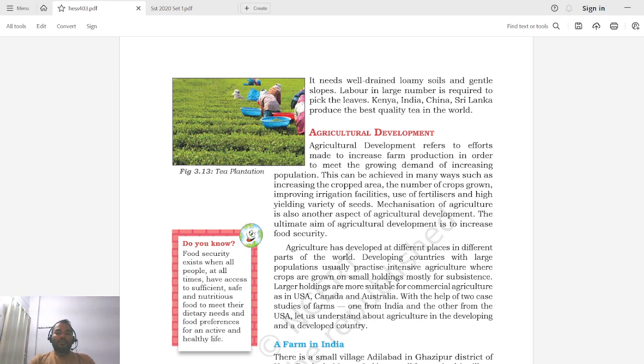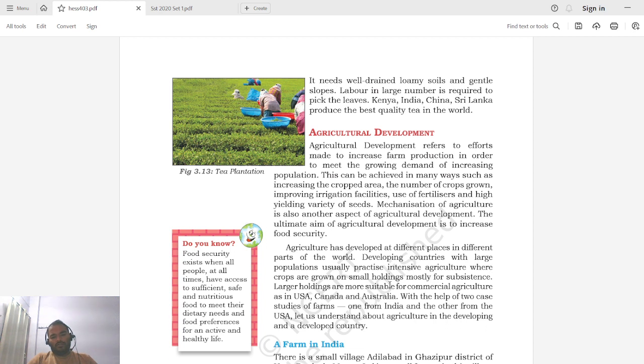So they are able to grow a very high quantum of crops. Some of it they keep for their consumption, but the rest they can sell in the market. So basically, these are the two differences in developing and developed countries.